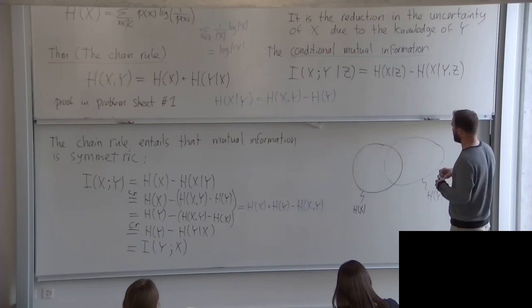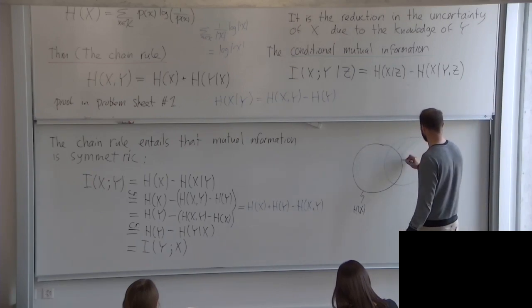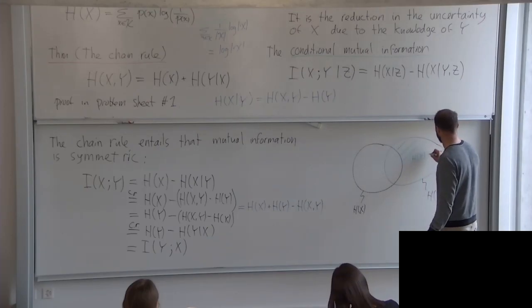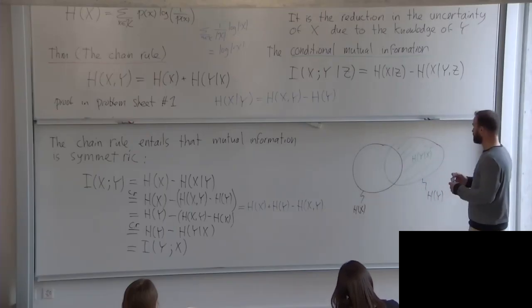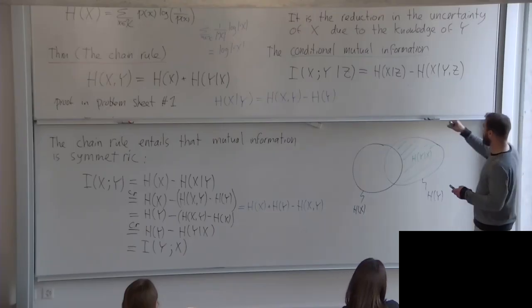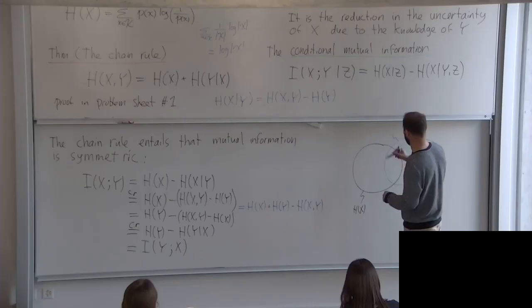What's in here is h of y given x. The union of the two is h of xy.